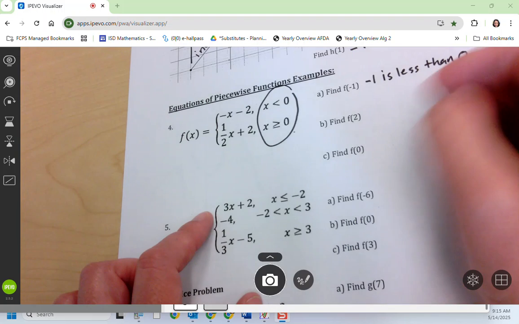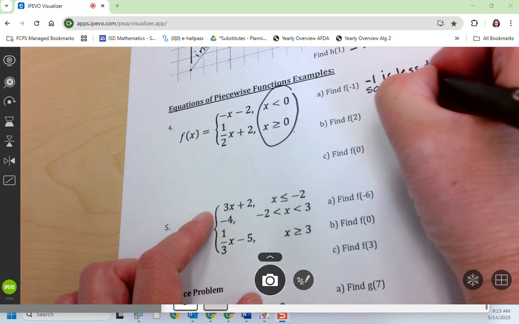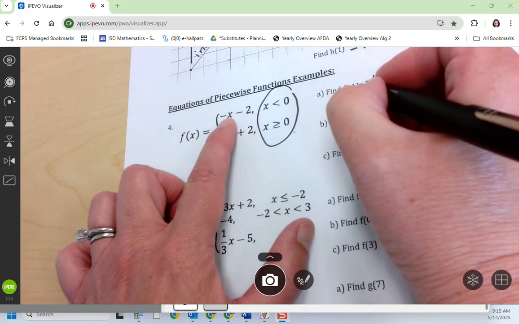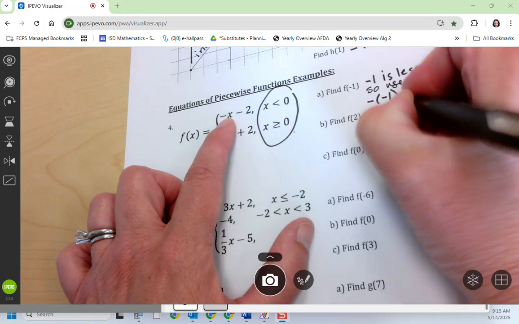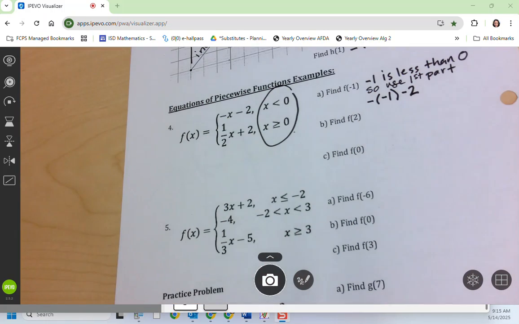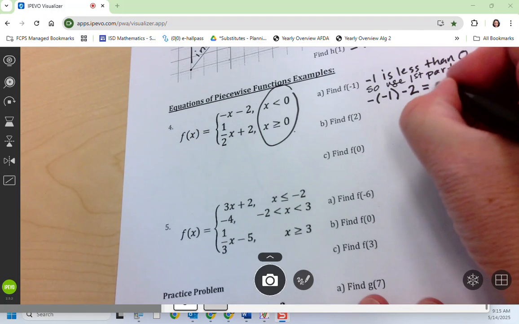So we're going to use the first part. We're going to put -1 in here. So it's -1 minus 2. Negative makes what? Positive. So 1 minus 2 gives you -1.